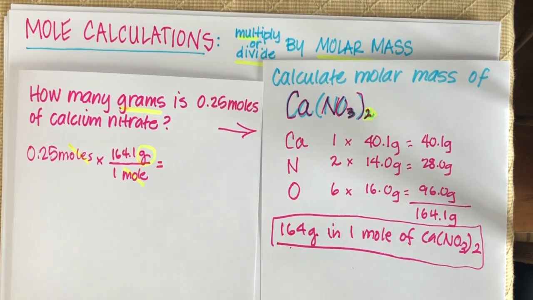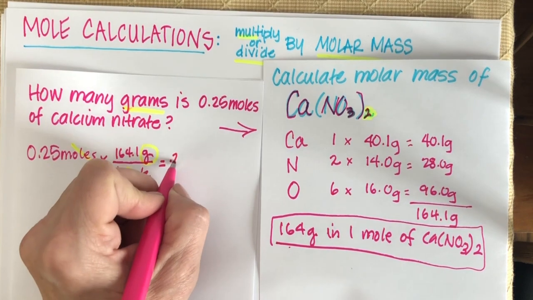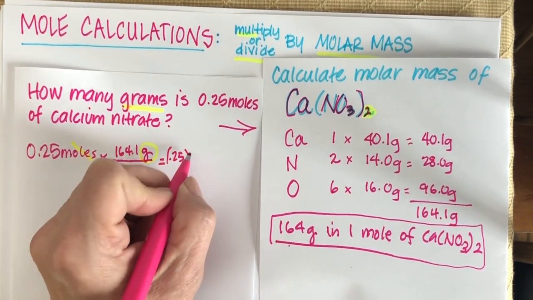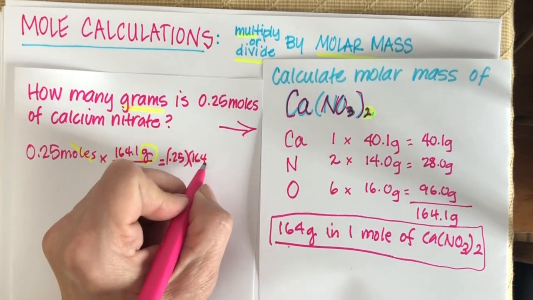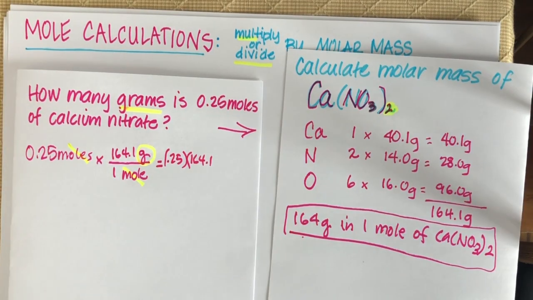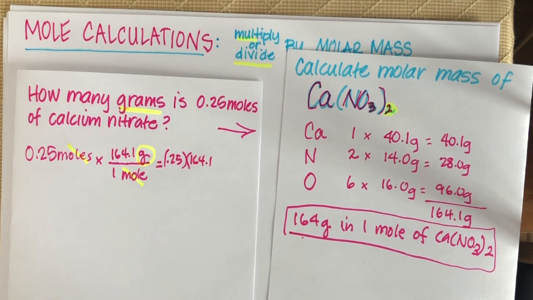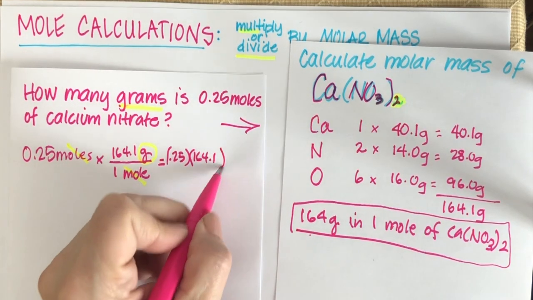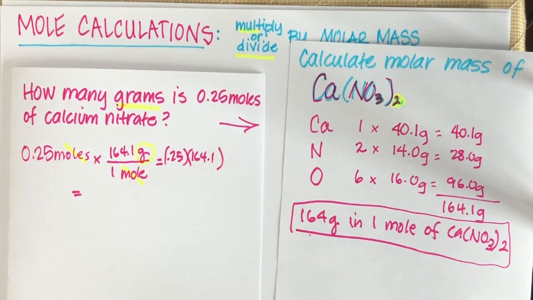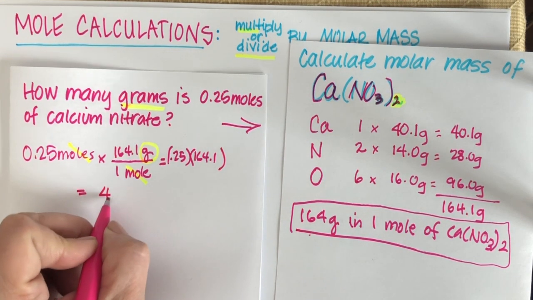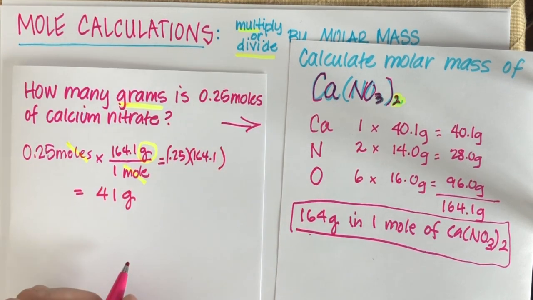What is this math going to be? 0.25 times 164.1, which equals 41 grams.